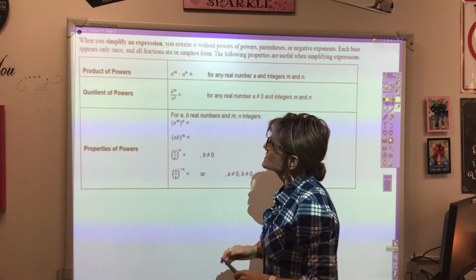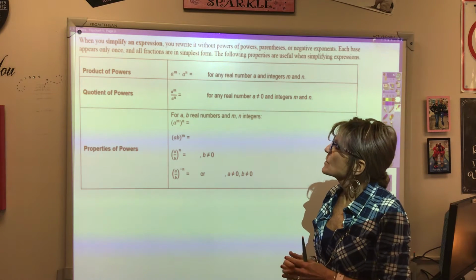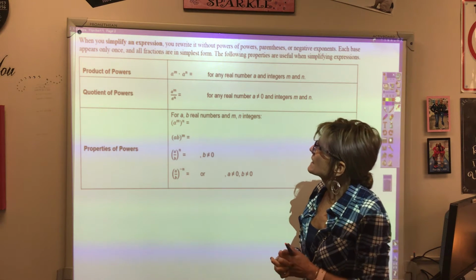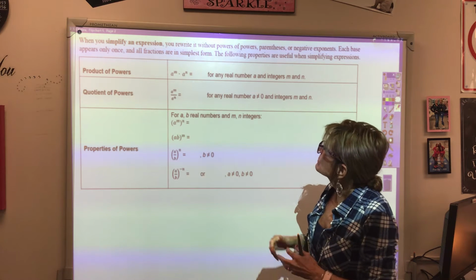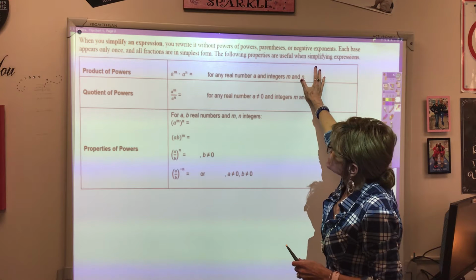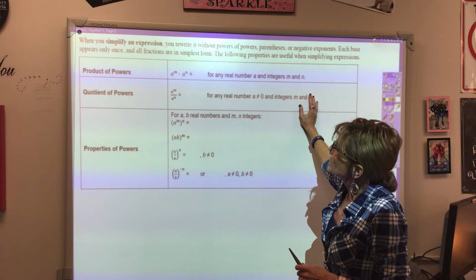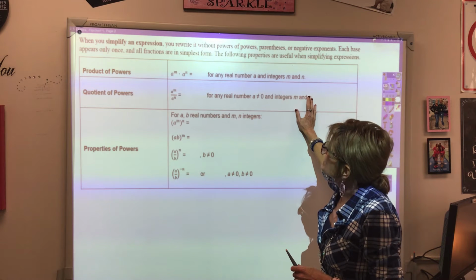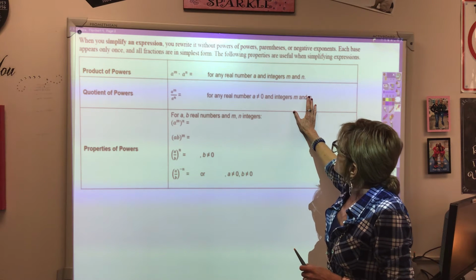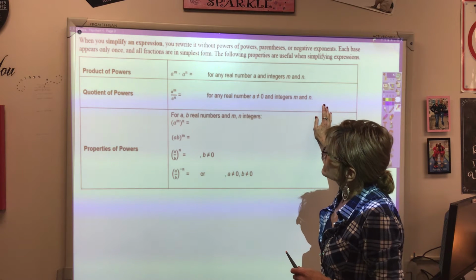All right, to refresh you, you've learned these in Algebra 1, but there are some rules. When you simplify an expression, you rewrite it without powers of powers, parentheses, or negative exponents. Each base appears only once, and all fractions are in simplest form. The following properties are useful when simplifying expressions.